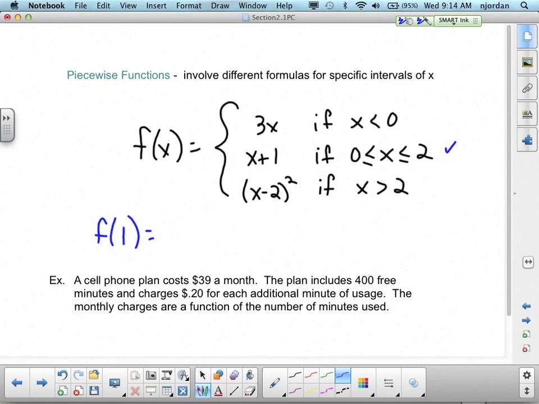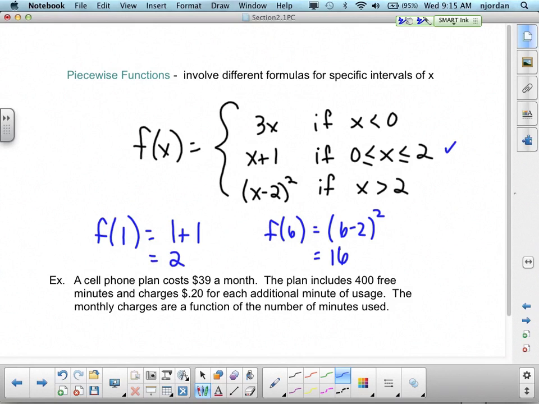Therefore, we're going to plug it into the function that corresponds to that, which is x plus 1. So f of 1 is going to equal 1 plus 1, or 2. Okay? How about f of 6? f of 6 is greater than 2, so we're going to substitute that into the bottom equation. So 6 minus 2 squared, or 4 squared, or 16.